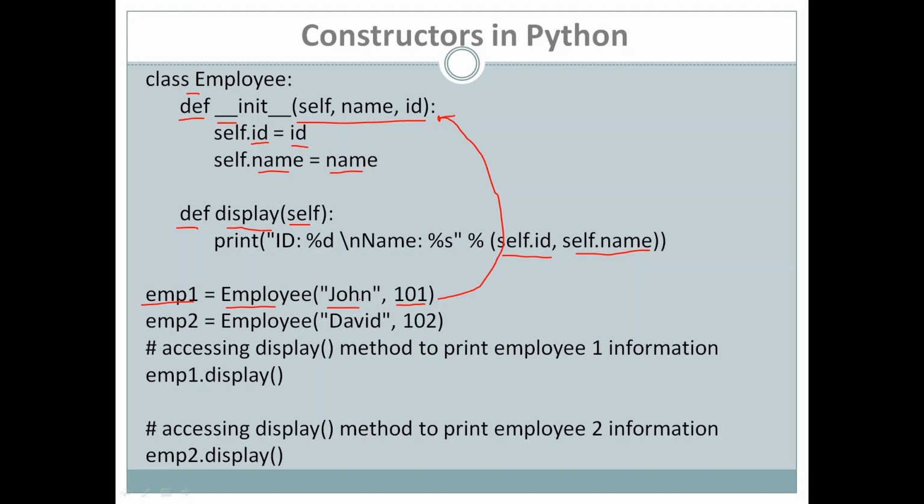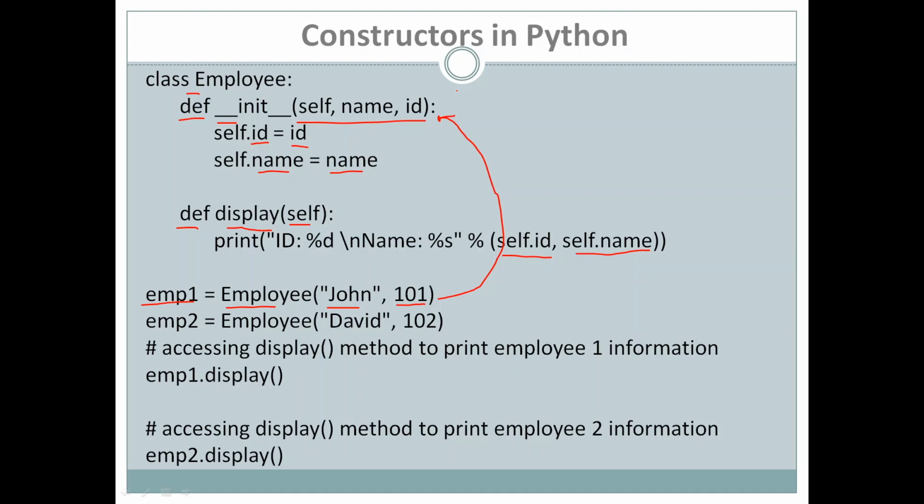So we are passing John and 101, the first argument is emp1. So self will have emp1, and name will have the value John, and id is 101. Then inside the init we are assigning, self again represents emp1 as I said. So emp1.id is equal to id, that is 101, and emp1.name is equal to name, that is John.